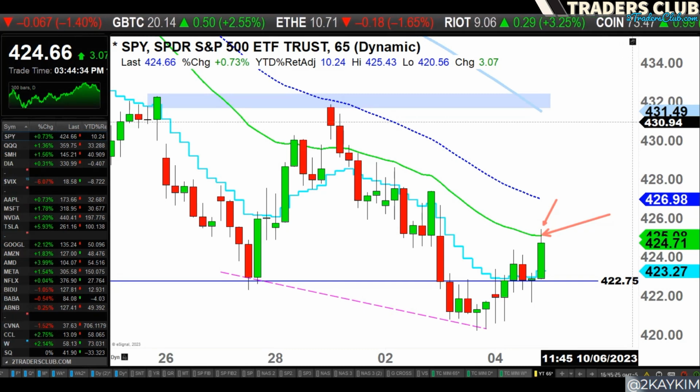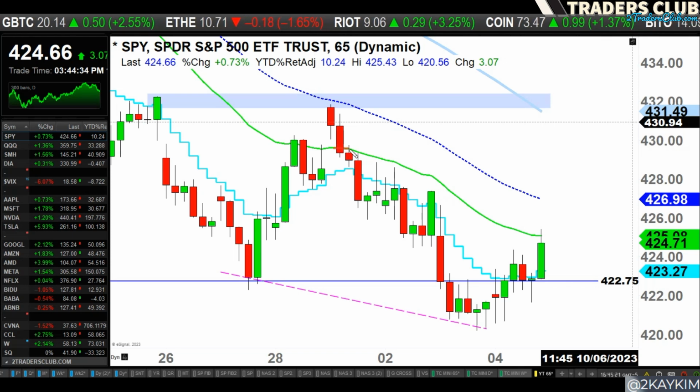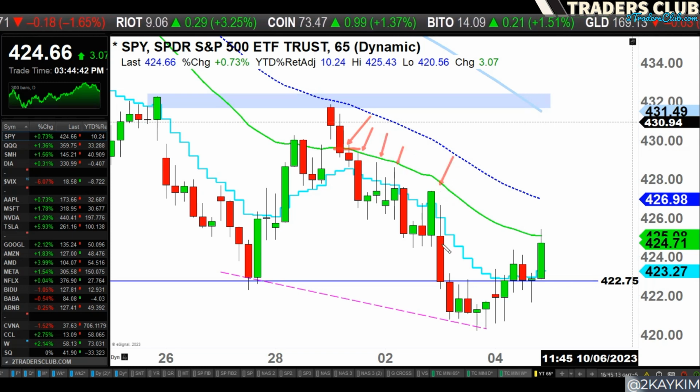When we lost the micro-term moving average, we actually lost the short-term moving average first, right here. Ever since, the micro-term and the short-term are working together, supporting the sellers.